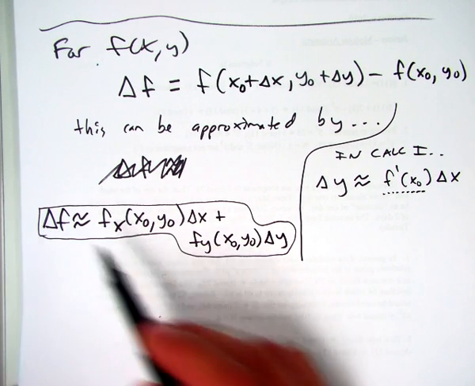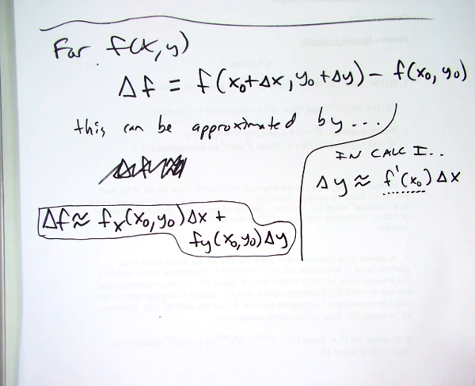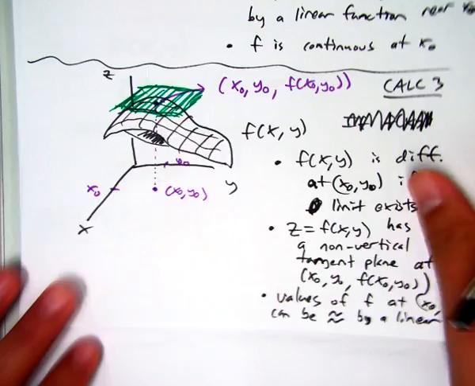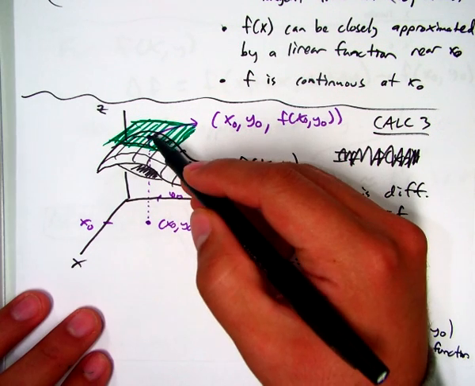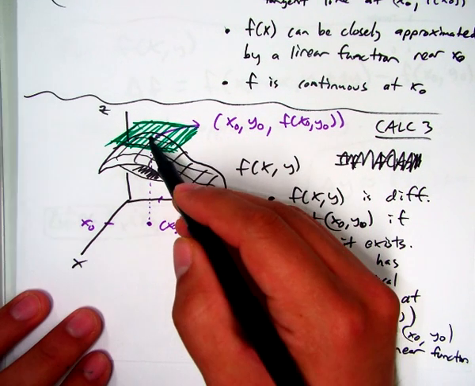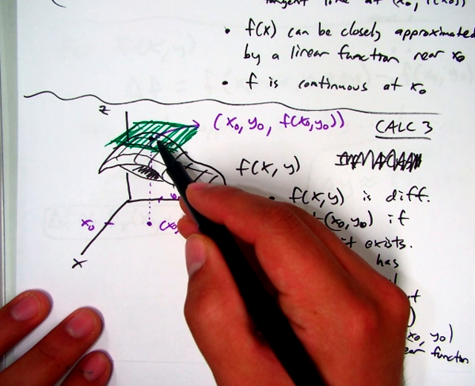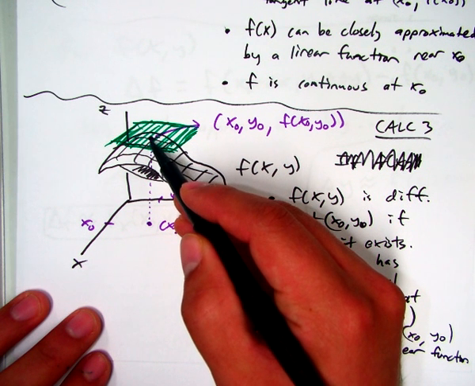Okay? So this is how we can approximate. When you're adding them? Yes. Because there's two changes going on here. So if you imagine that this function here has a particular value and we deviate a little bit forward, a little bit right. Does that make sense?